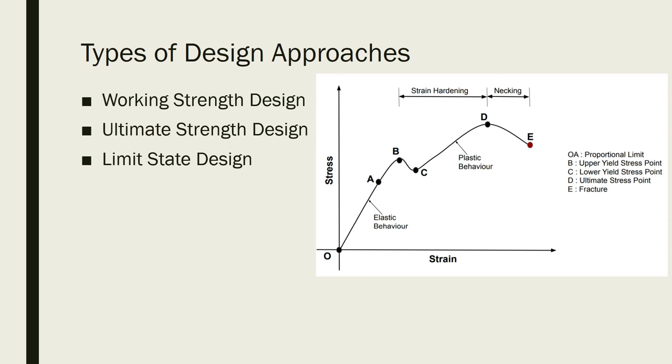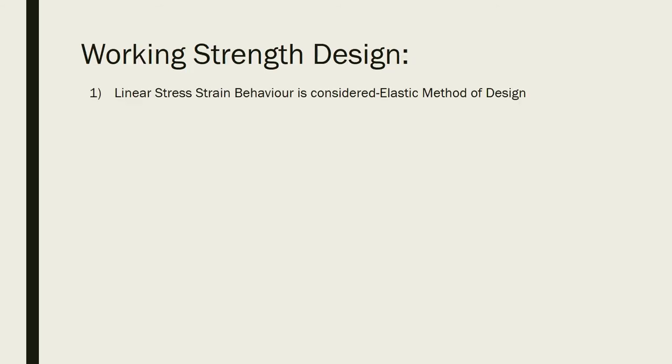We are not considering whatever strength the member or the material has within its plastic region. So that is why this method is very easy, and it has been very much used in the last 3 or 4 decades.